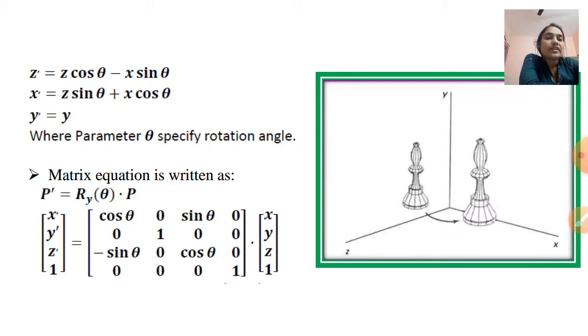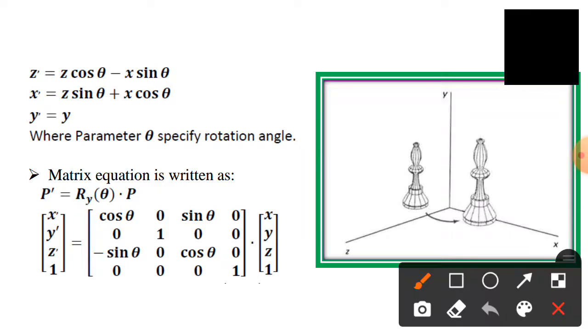And the matrix equation for the y-axis is written as P dash equals Ry theta into P. Here P dash means x dash, y dash, z dash, 1, and Ry theta is cos theta 0 sin theta 0, 0 1 0 0, minus sin theta 0 cos theta 0, 0 0 0 1, and P is our x, y, z, 1.